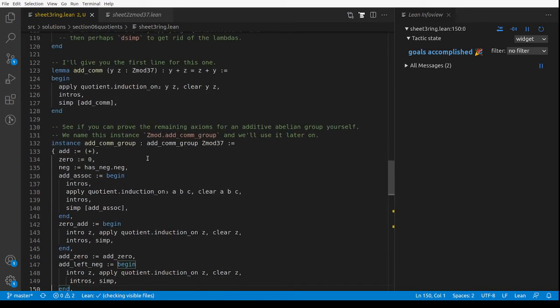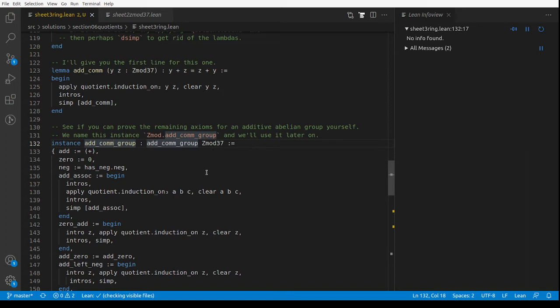Now we've got a term of type AddCommGroup (ZMod 37), which is the type of additive commutative group structures on the type Z mod 37. And we've got a term of that type, which means basically that Z mod 37 is now a group.